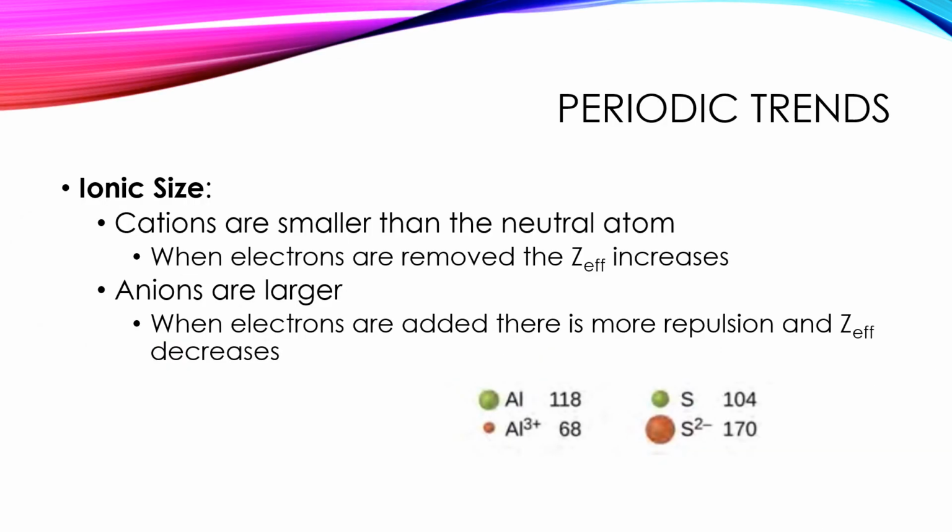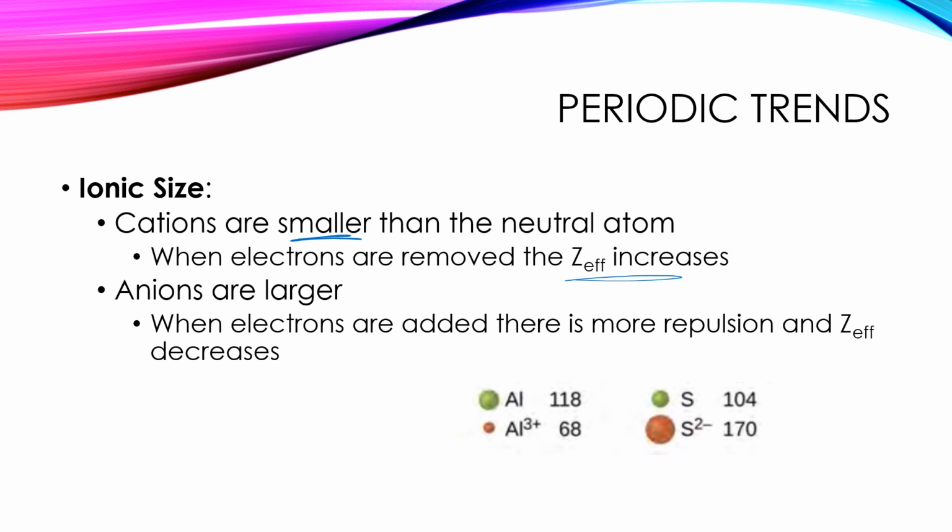Ionic size. Of course, ionic size is going to follow atomic radius when we're comparing different elements to one another, but what this is really focusing on is comparing neutral atoms to their cation or their anion. Cations are always going to be smaller than the neutral atom. How do we form a cation? We lose electrons. So when we lose electrons, we now have a more effective nuclear charge.